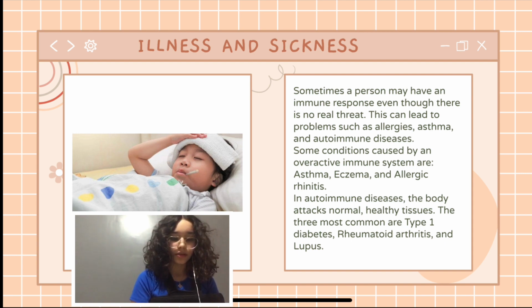This type of arthritis causes swelling and deformities of the joints. An autoantibody called rheumatoid factor is in the blood of some people with rheumatoid arthritis. Lupus. This disease attacks body tissue including the lungs, kidneys, and skin. Many types of autoantibodies are found in the blood of people with lupus.